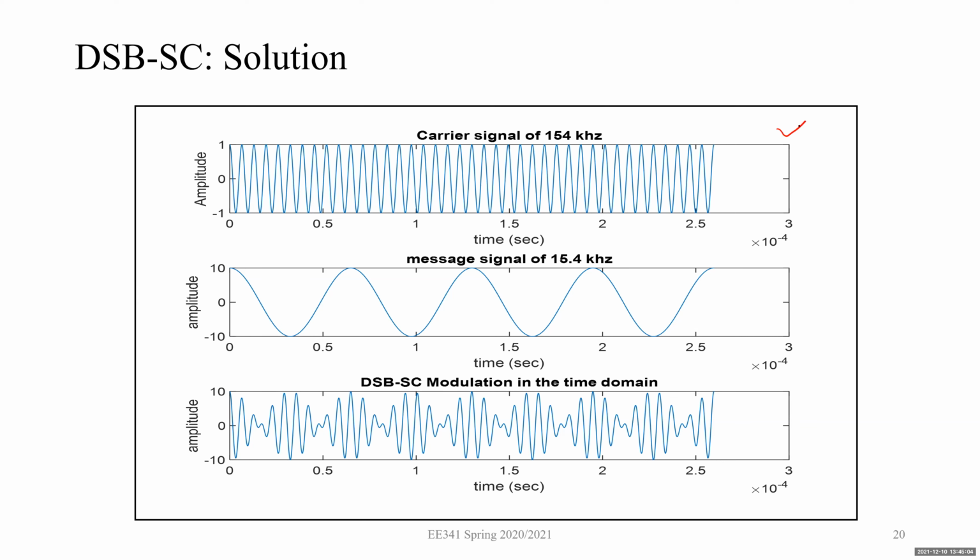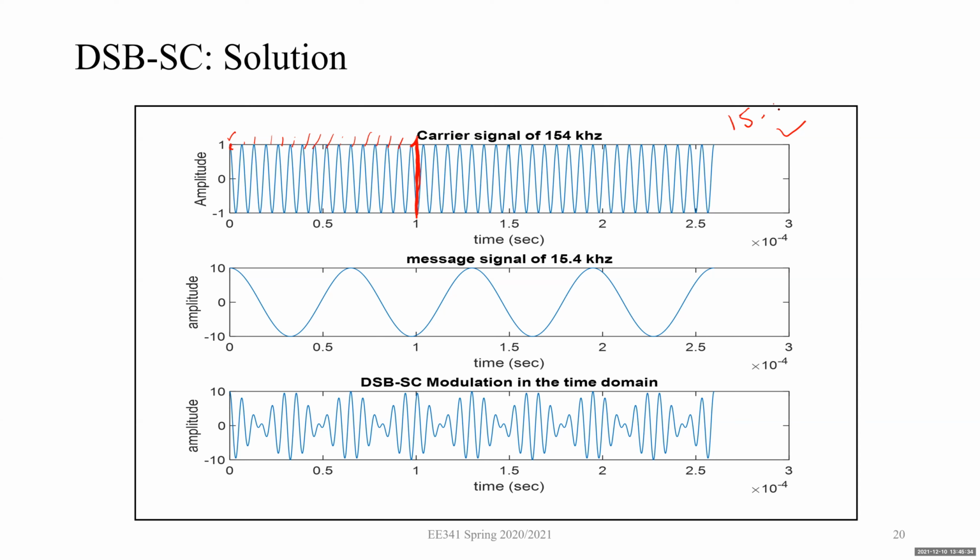So at the end you can see that this is my carrier signal. If I ask you to find the frequency of this signal, you can count the peaks: 1, 2, 3, 4, 5, 6, 7, 8, 9, 10, 11, 12, 13, 14, and then this is half, 15, and this is full up till here, 15, and this is 15.5 because half is here.